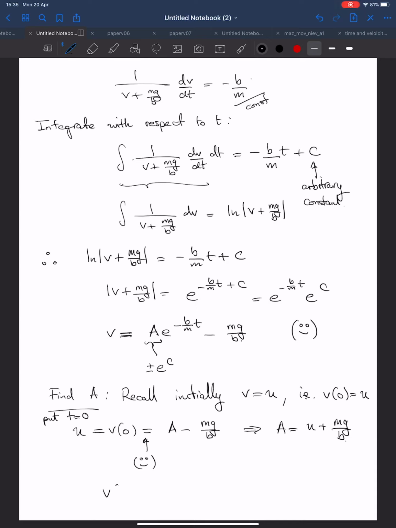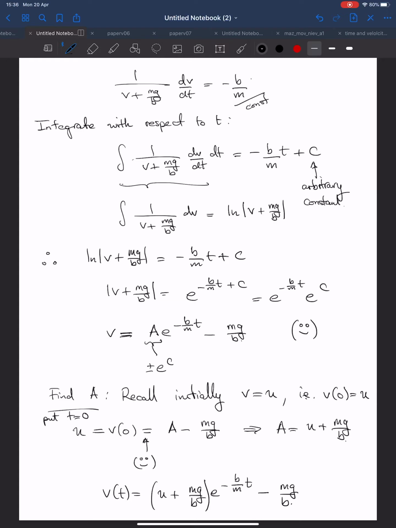So now our velocity as a function of time stands as this: u plus mg over b multiplied by e to the minus b over m, sorry, multiplied by t, minus mg divided by b. I've got the bg's on the brain, mg divided by b. Now, all right, so that's our solution.